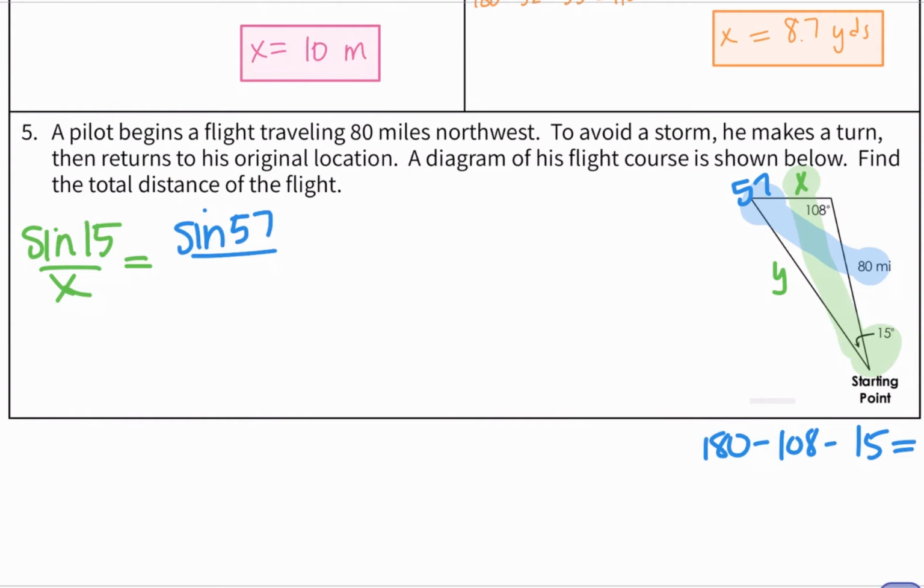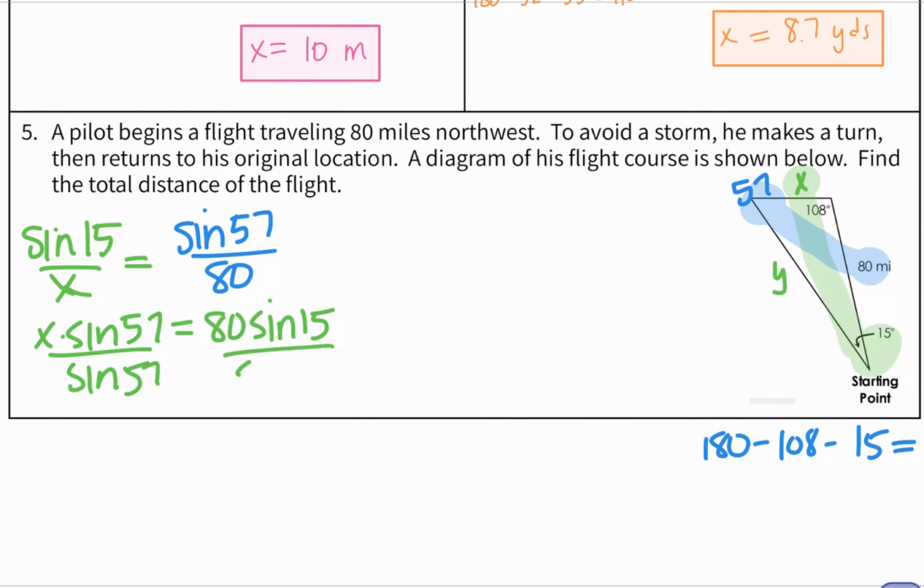Sine of 57 over 80. So then we'll cross multiply. Divide by sine 57. And we'll get that x is equal to whatever that happens to be.